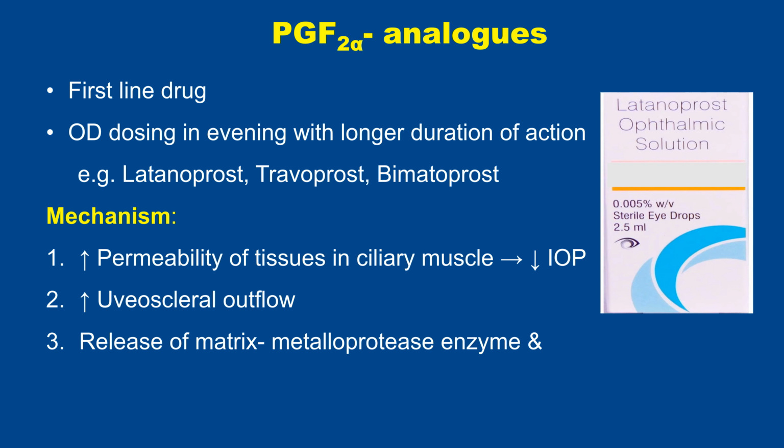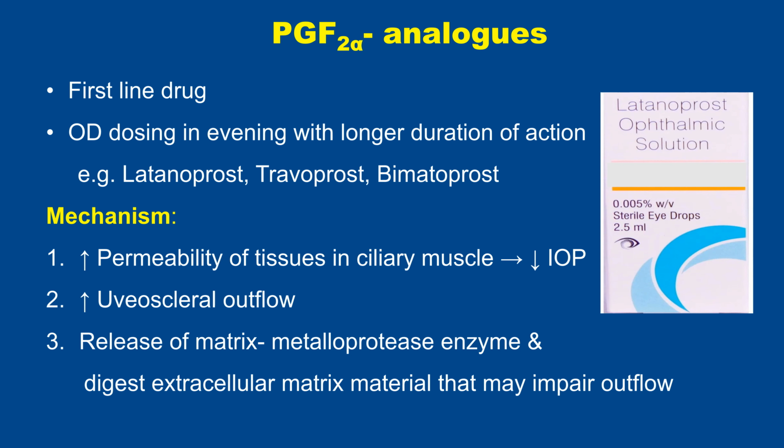Matrix metalloproteinases are a family of proteolytic enzymes that degrade extracellular matrix components such as collagen, and they are present in virtually all areas of the eye and responsible for the maintenance and remodeling of ocular architecture. So they release matrix metalloproteinase enzymes, which digest the extracellular matrix material that may impair the outflow.